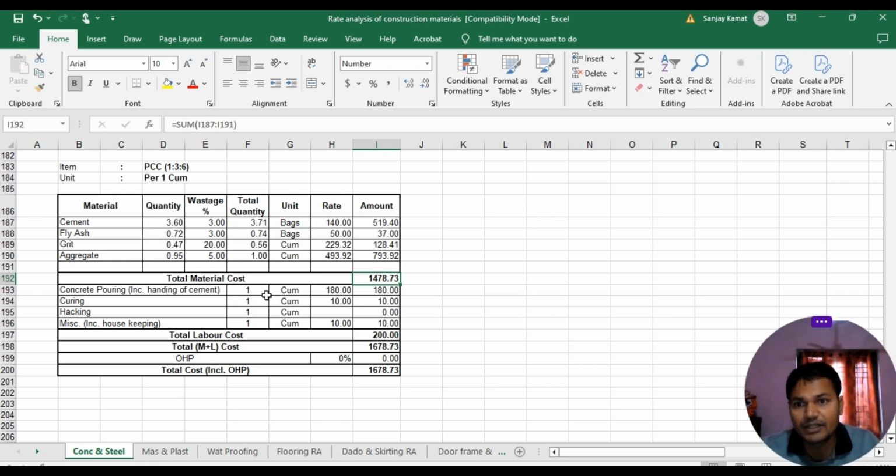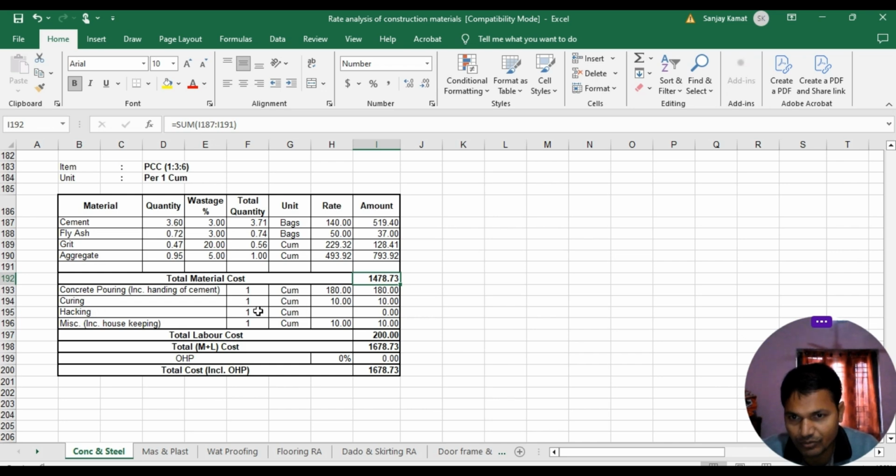Multiplying 180 with 1 will be 180 only. The curing total quantity is 1, and similarly the unit of the curing is cum, and the curing rate we have taken is 10 only, so 10 multiplied with 1 will be 10 only.